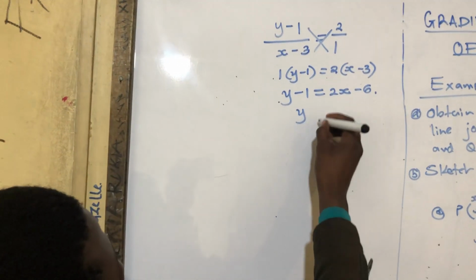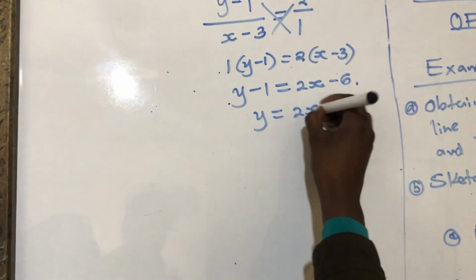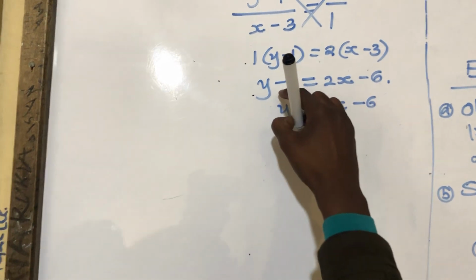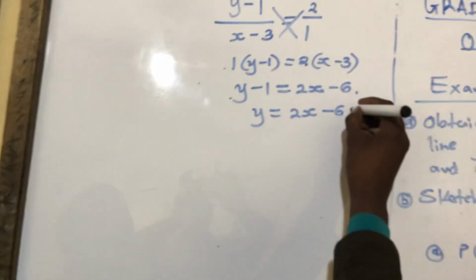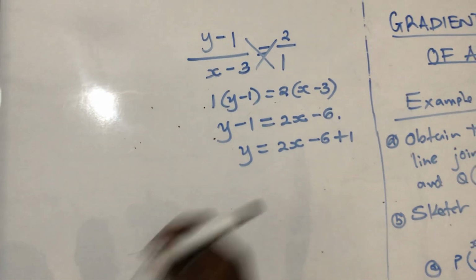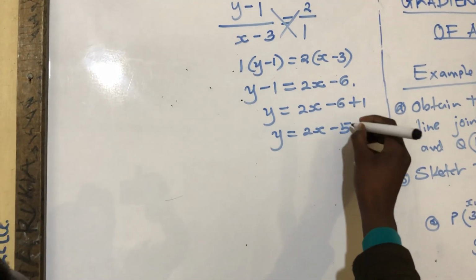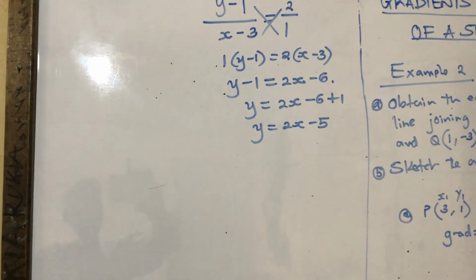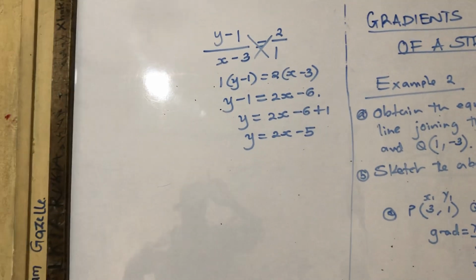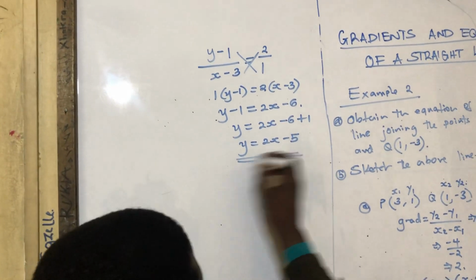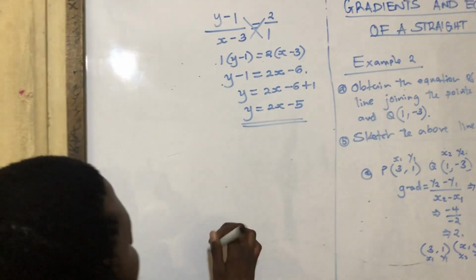This will be y minus 1 equals 2x minus 6. I'm going to carry the -1 to the other side of the equal sign to become +1. So this will be y is equal to 2x minus 5. That becomes our answer for part A.